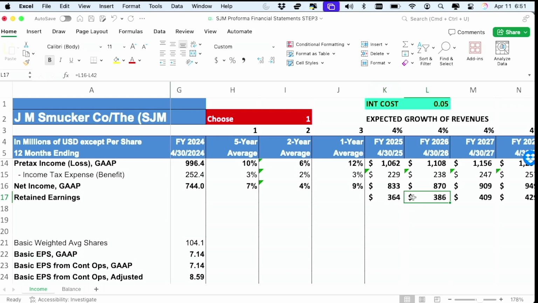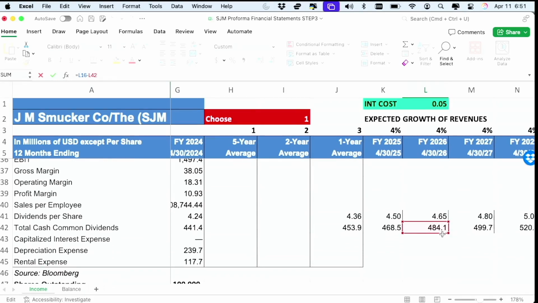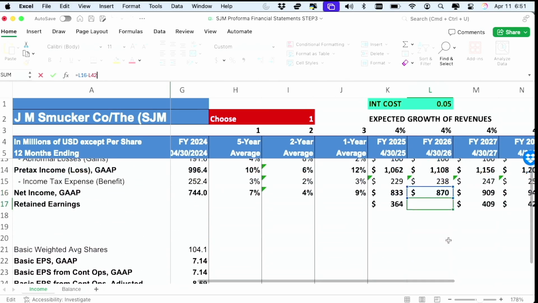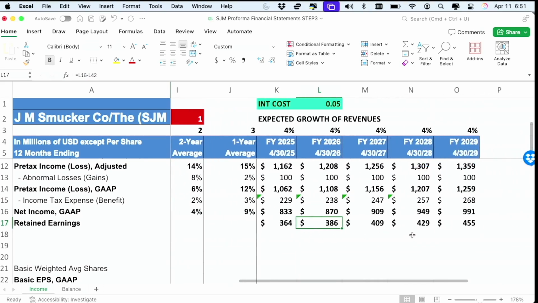Same thing here. Again, I've taken the net income of 870, subtracted from that the aggregate dividend of 484.1, and I've ended up with a new addition to retained earnings of 386. I've got 409 here, 429 here, and 455 here.